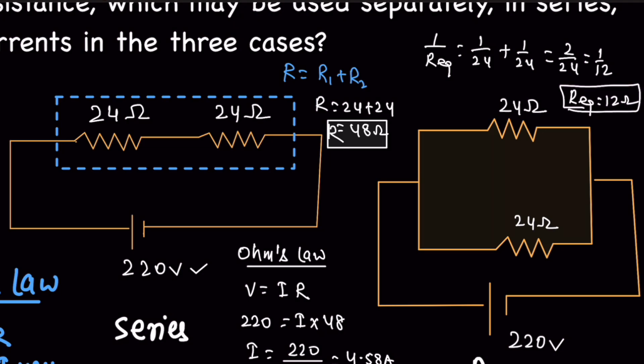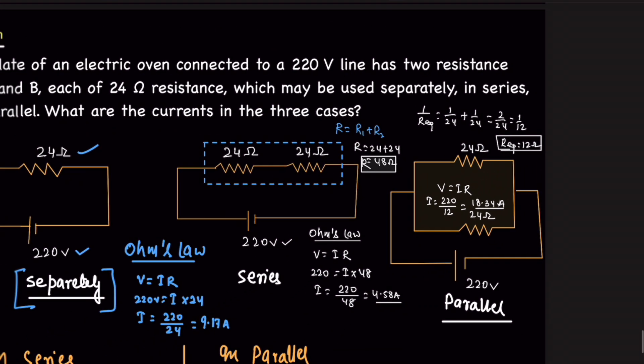So now resistance we have. If we have to find the current, we can apply Ohm's law. V is equal to IR. So I is equal to 220 upon 12. It's equal to 18.34 ampere.